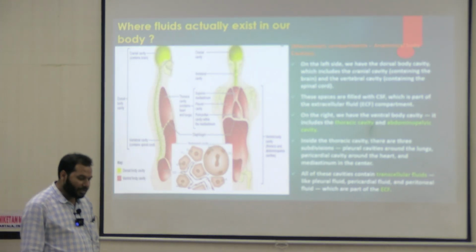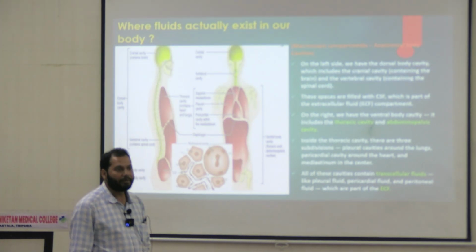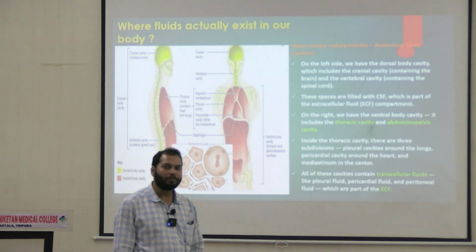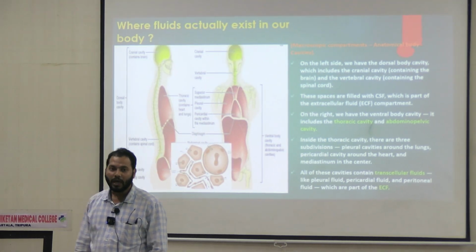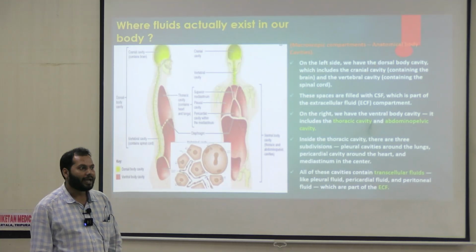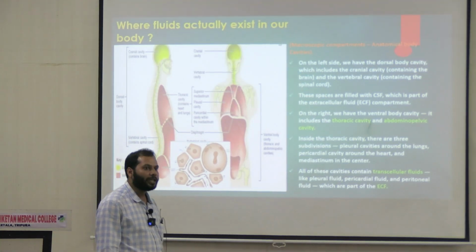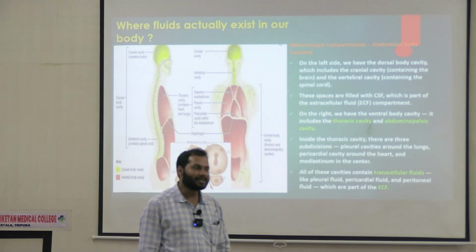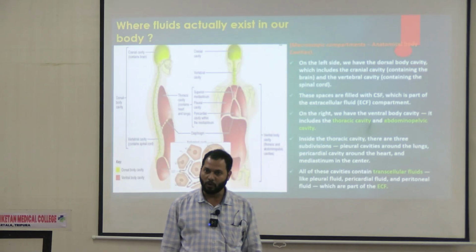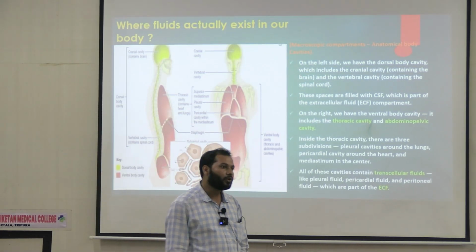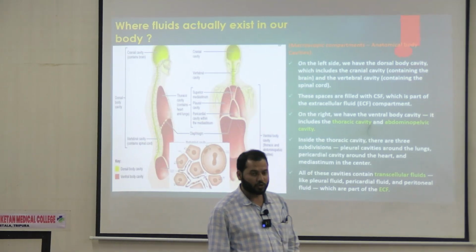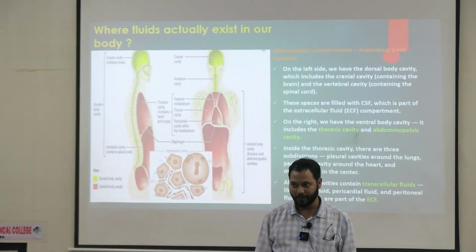Both contain a special type of fluid called cerebrospinal fluid, which acts as a body fluid present in the dorsal part of the body, and is also known as a part of extracellular fluid, or the transcellular fluid.